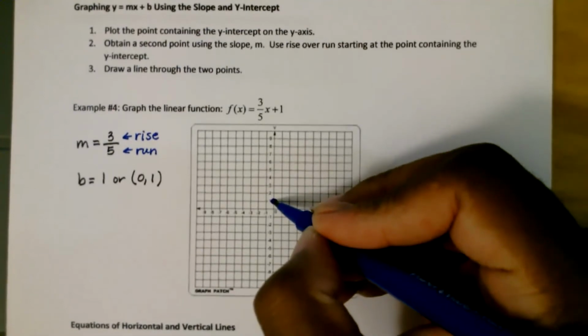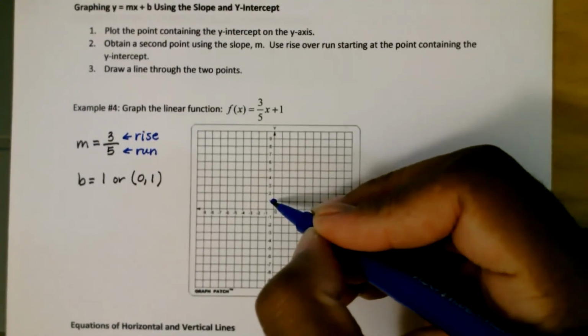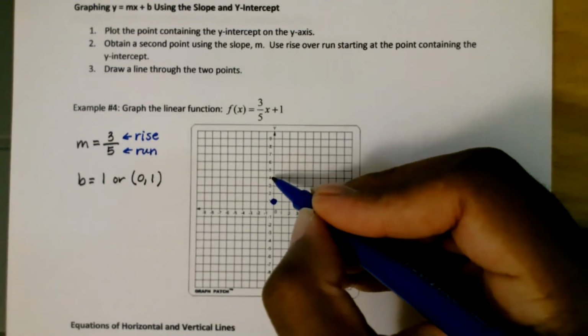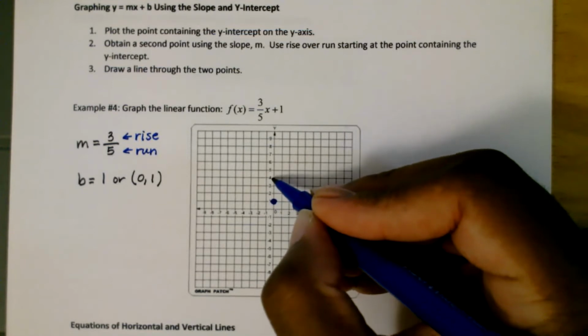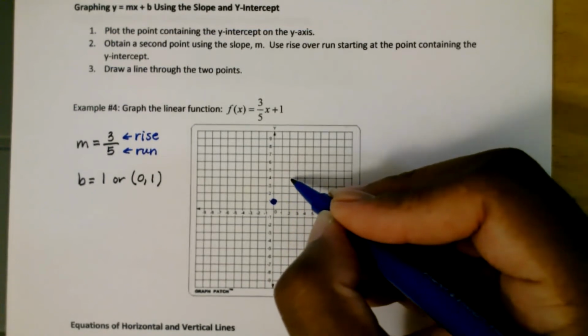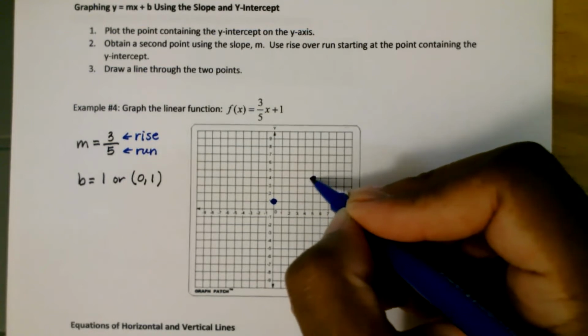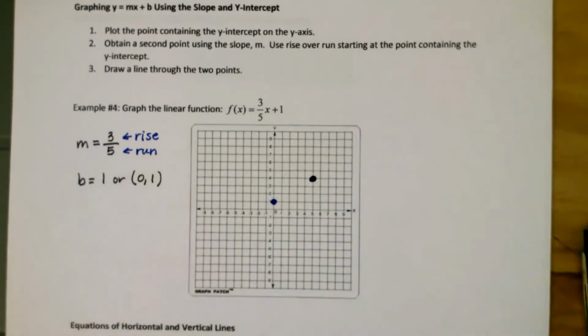So starting at the y-intercept of 1, I will rise up 1, 2, 3 places. The run is a positive 5, so I'm going to run to the right 1, 2, 3, 4, 5, and draw that point. So that's where that second point will be.